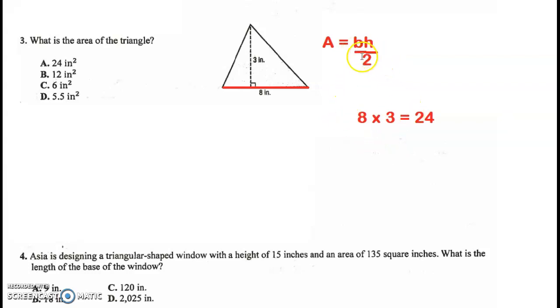But I'm not done because I have to divide by 2. So 8 times 3, and then I'm going to divide by 2, and I'll get 12. And since it's asking for area, remember, when we're talking units, it's going to be inches squared. Okay, this should be a smaller 2. I don't want to mess with my font, though. So there you go. That is number 3, 12 inches squared.